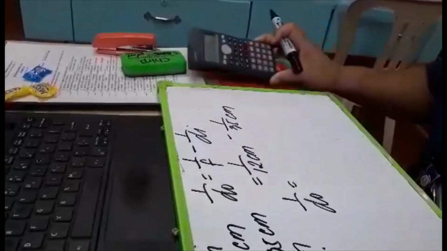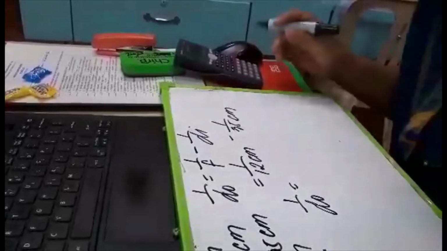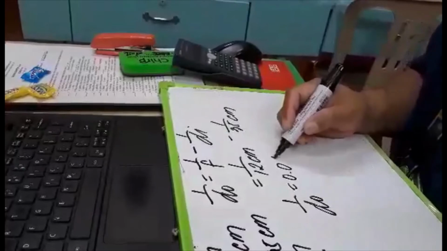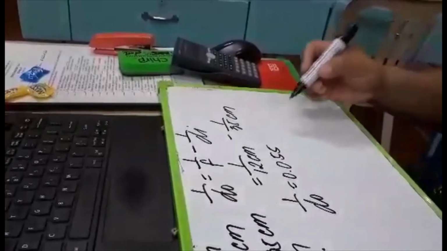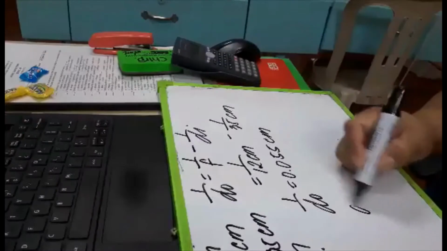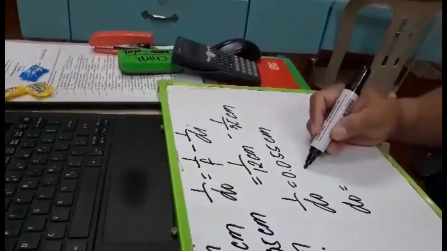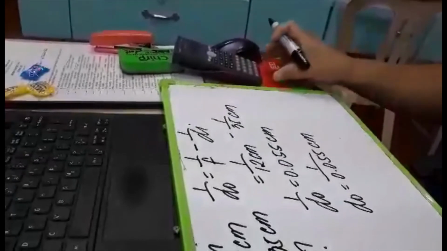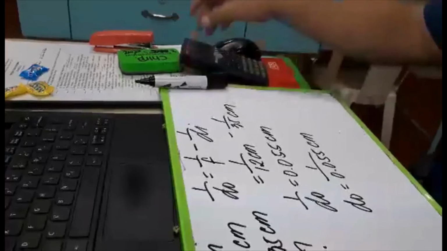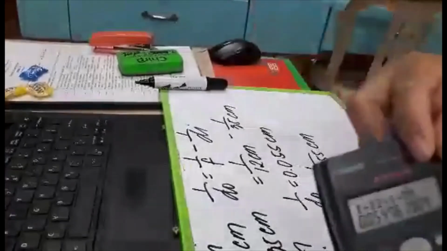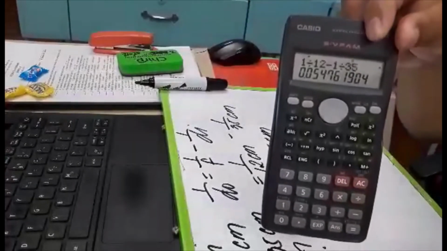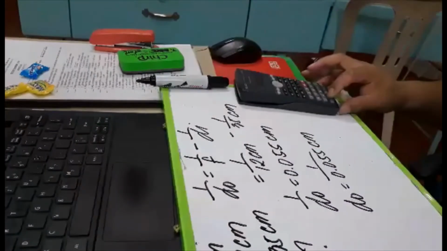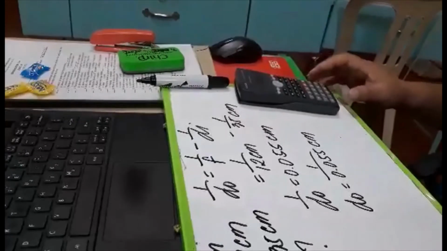So our answer is 0.055. Okay, this is centimeters. So DO is equal to 1 over 0.055 centimeters. So ginamit ko po dito, but we will be using the entire numbers that we get. Ito po yung nakuha po sa calculator. So ang gagamitin ko po is 1 divided by the answers.